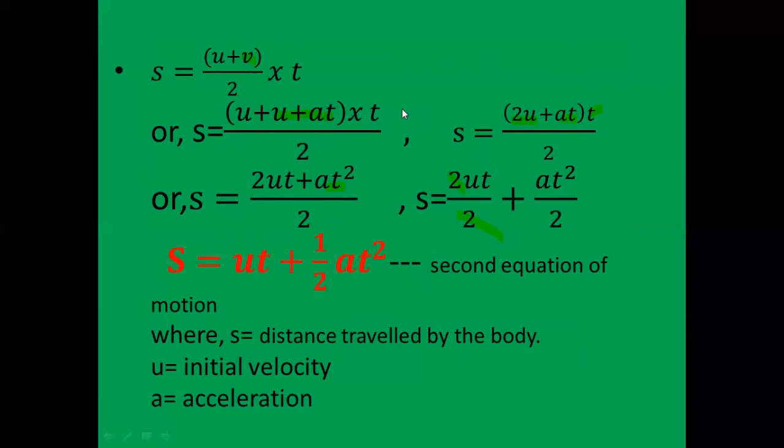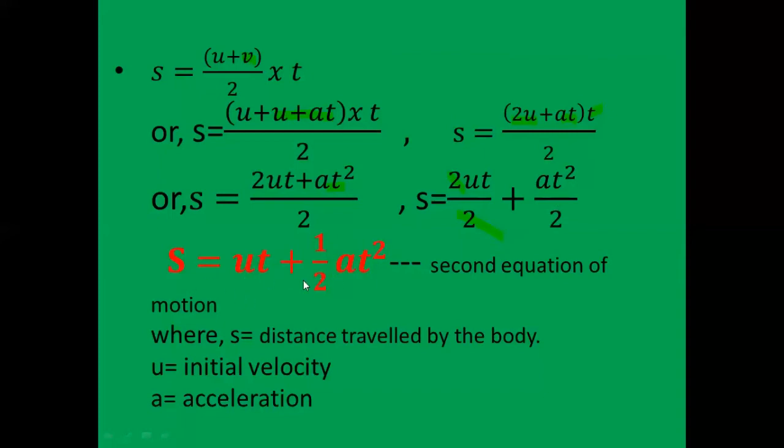When we solve this equation we get s equal to (2u + at) times t divided by 2, which becomes (2ut + at²)/2. The 2s cancel, so we get ut plus half at². So the distance traveled s is equal to ut plus half at squared.